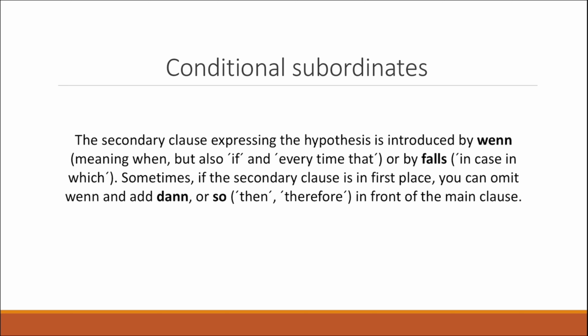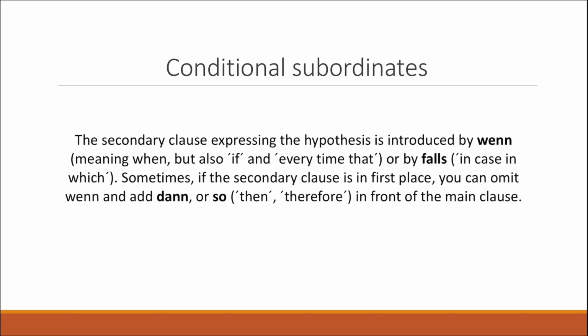Now, the secondary clause expressing the hypothesis is introduced by wenn normally, meaning when, but also if and every time that, or by falls, in case, in which. Sometimes, if the secondary clause is in first place, you can omit wenn and add dann or so, which means then or therefore, in front of the main clause.